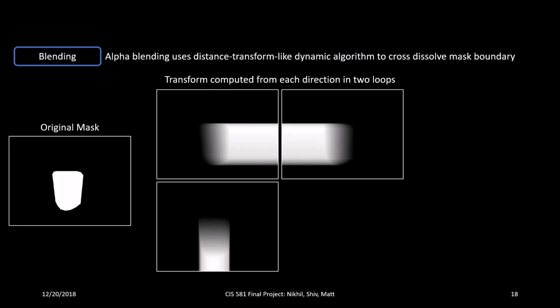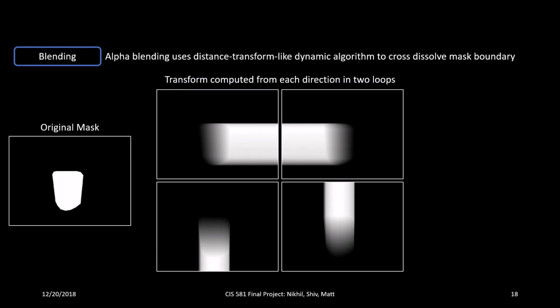So let me explain a little bit further how we generated that alpha mask. We start with the original mask, and then we basically want to use a distance transform like algorithm to generate 4 images. This is done in 2 loops, moving from left to right, and then from top to bottom. And instead of doing the simple distance transform, you're trying to generate a dissolve fraction as you go along.